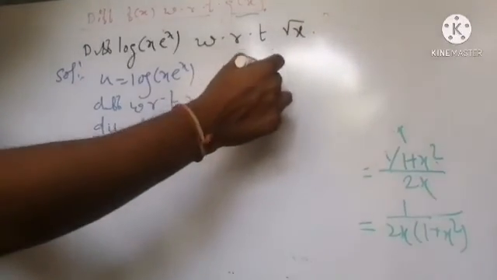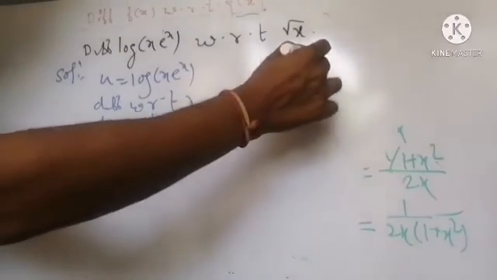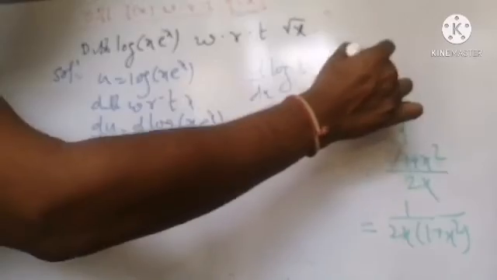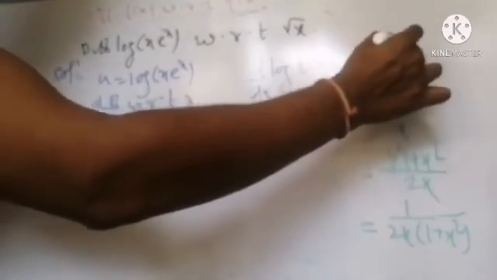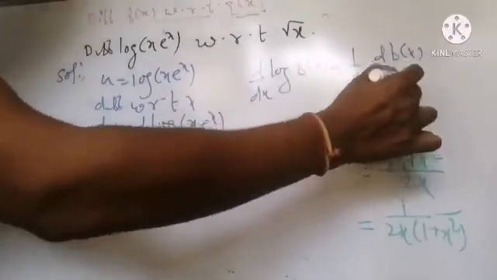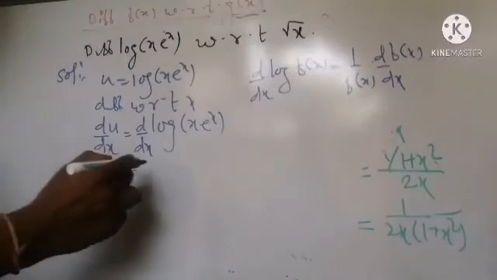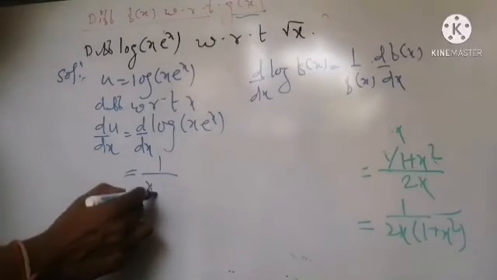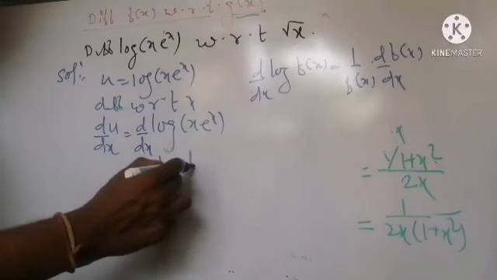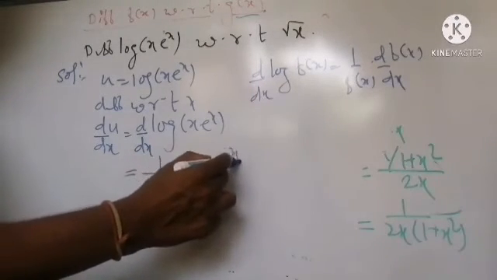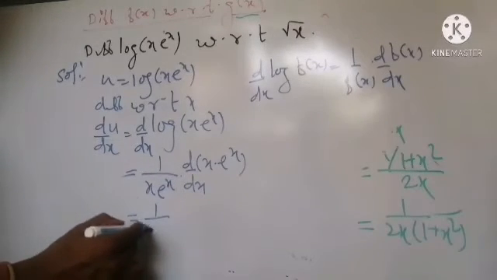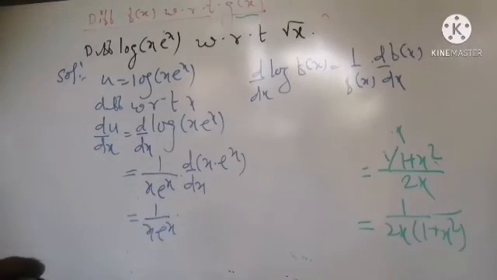We know the derivative of log of f of x is 1 upon f of x into the derivative of f of x with respect to x. Here f of x is equal to this bracket, so log of x into e raised to x has a derivative 1 upon x e raised to x into the derivative of x into e raised to x with respect to x. Finally, this 1 upon x e raised to x remains as it is outside the derivative.